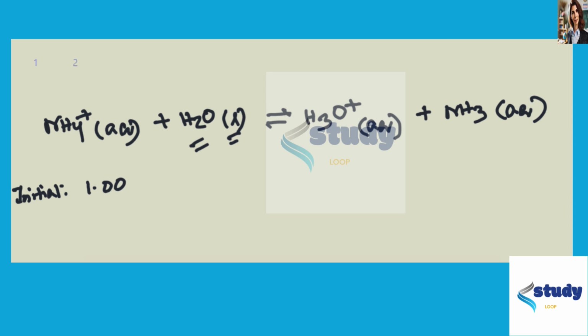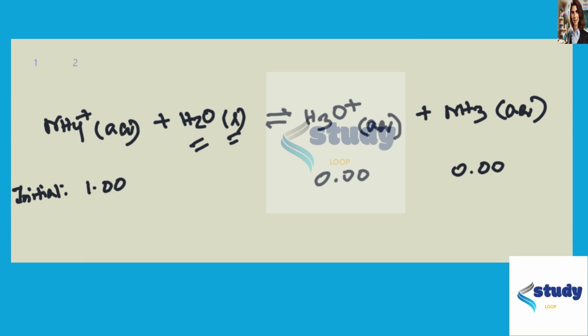The initial H3O+ concentration is 0, since initially no NH4+ has dissociated, and the initial concentration of ammonia is also 0.